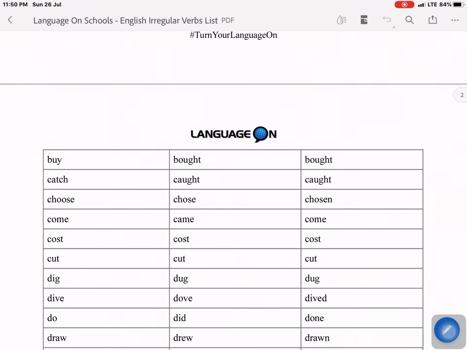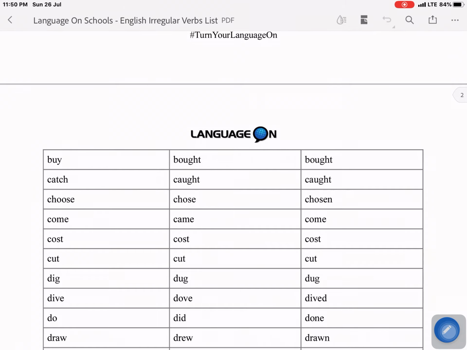Here you get words like buy, bought, buying, catch, caught, catching, choose, chose, chosen, choosing, come, came, again come, coming, cost, costing, cut, cutting. You see the word cut, there is no change in three forms: cut, cutting. And what's the spelling of cutting? Cutting, with double t.